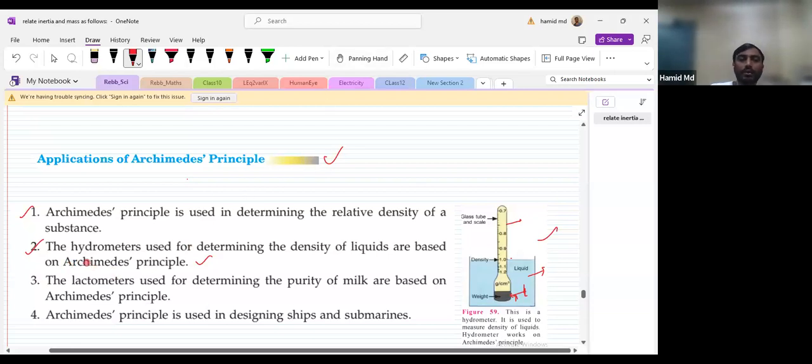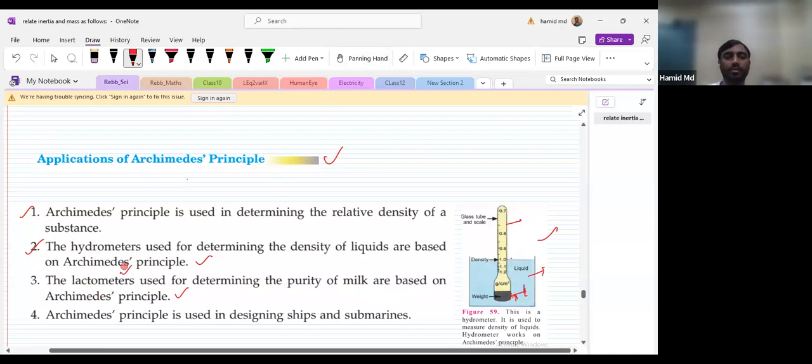Similarly, the lactometer used to determine the purity of milk is based on the Archimedes principle. Milk has some specific density. If we have added water to it, the actual density may vary after adding water.